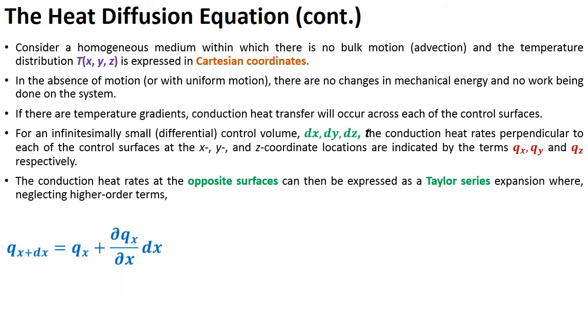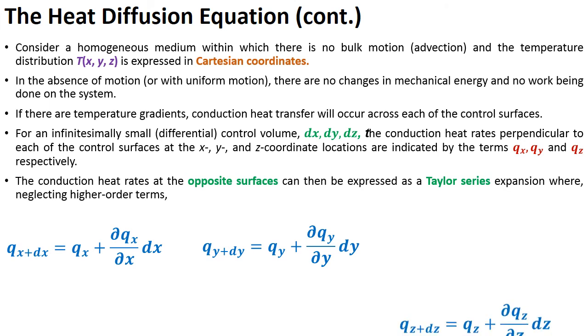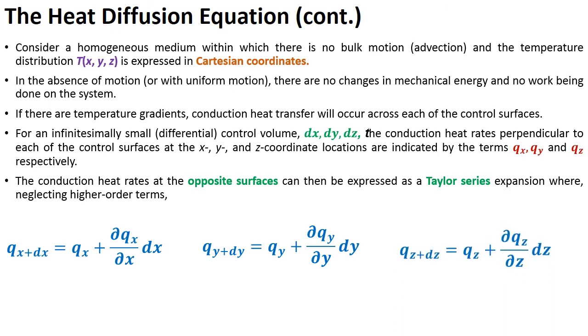The heat going out of the system in the x direction will be qx plus partial qx by partial x times dx. The heat going out in the y direction will be qy plus partial qy by partial y times dy, and the heat going out in the z direction will be qz plus partial qz by partial z times dz.